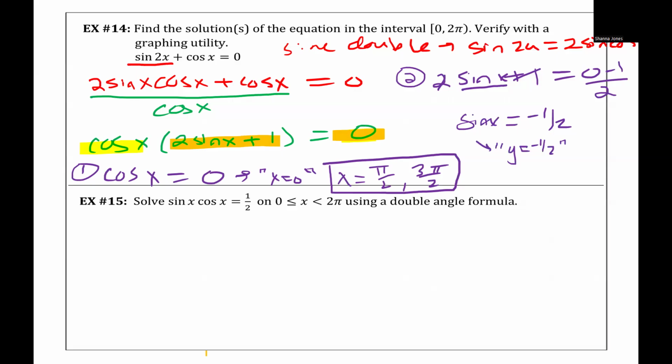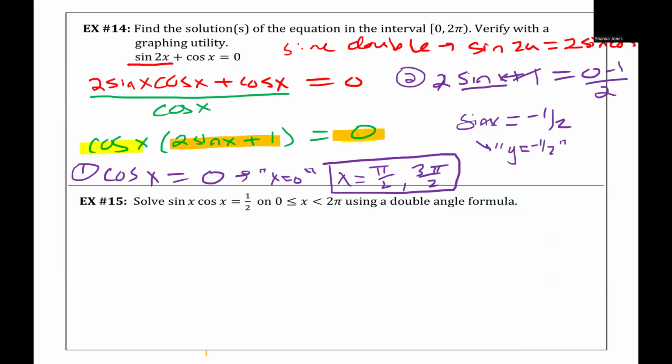This is where in quadrant number 1, we would have a positive 1/2. Agree? Y would equal positive 1/2. So this is going to be our 30-degree reference angle. So we're looking for the 30-degree reference angles in quadrant 3 and in quadrant 4 because we need a negative y, correct? So my negative reference angle would be here, and my other one would be here. Does that make sense? So we're counting, that's our 6's, right?